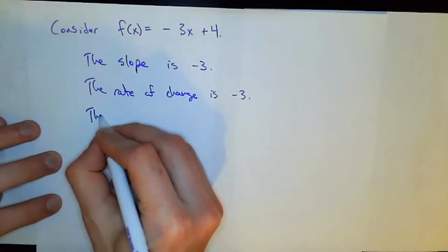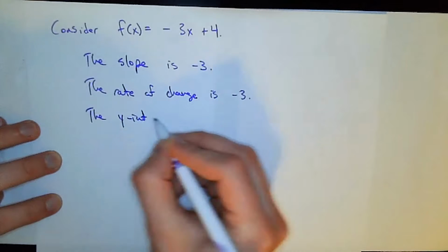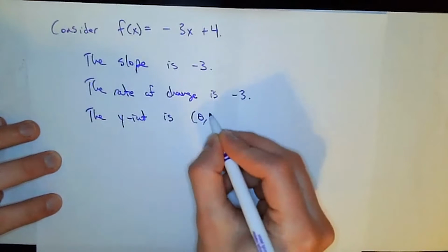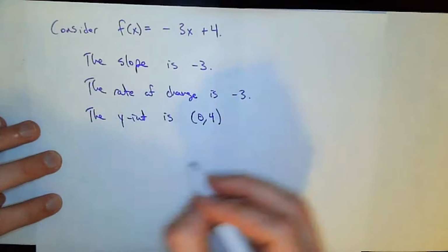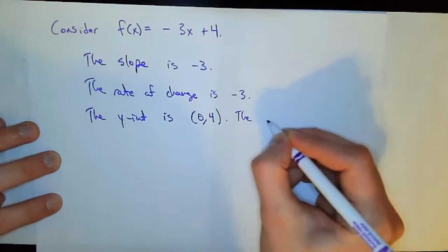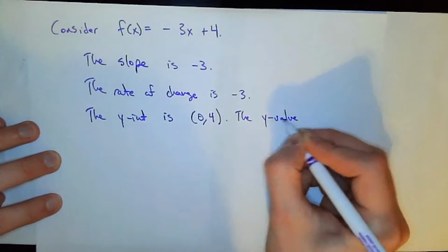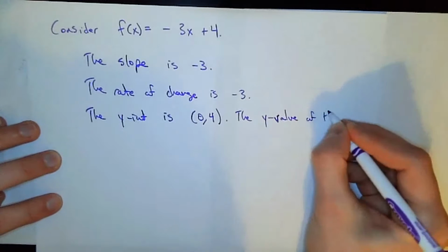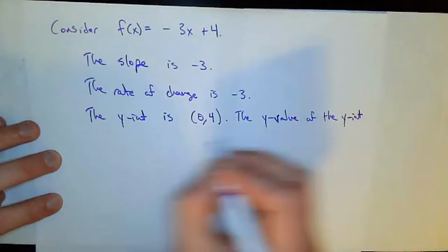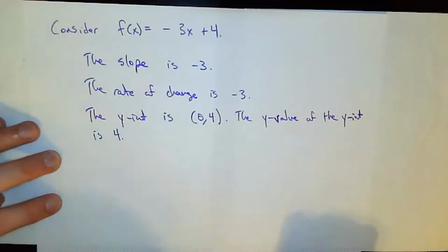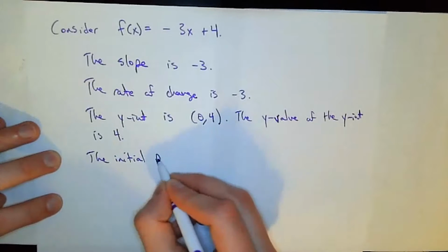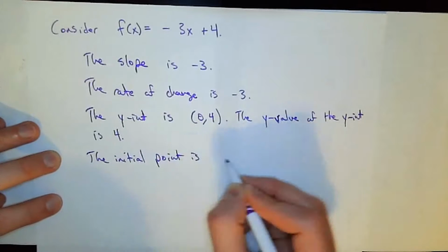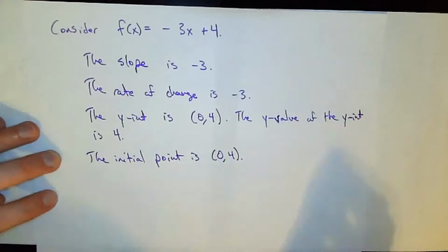The y-intercept is 0, 4. So the y value of the y-intercept is 4. And the initial point is 0, 4.